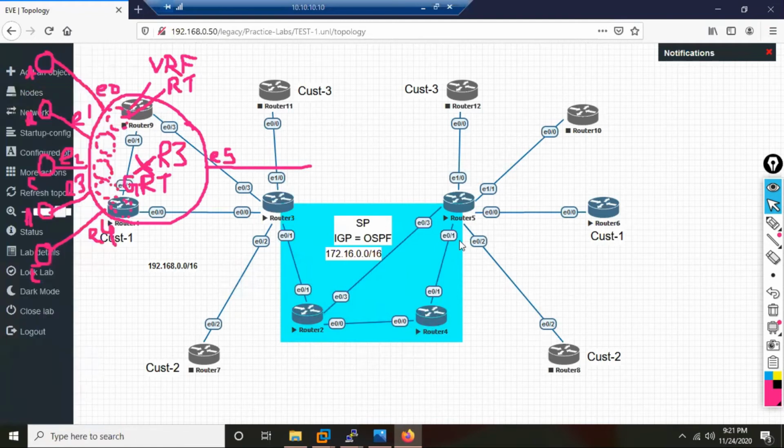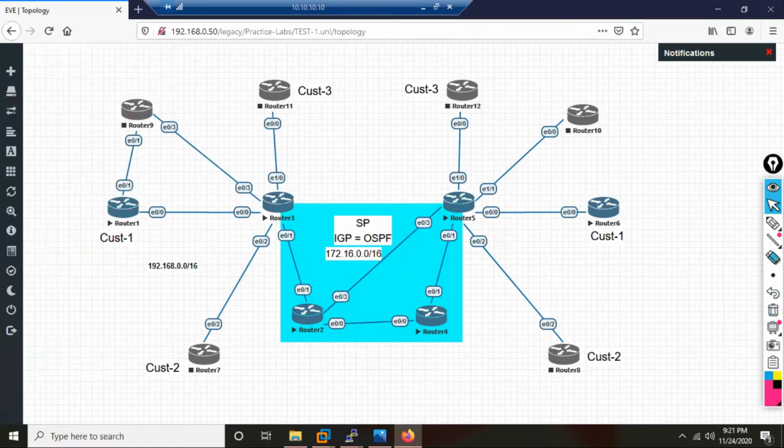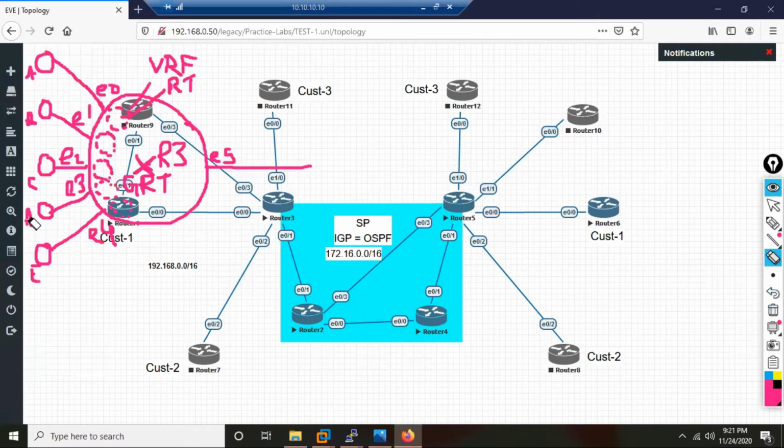Is it possible that there could be a customer using a subnet, let's say A, and another customer also might be using the same subnet? Yes, because everybody is free to use private IP addresses. So one customer can run 10.1.1.0, another customer can also run 10.1.1.0. This is called overlapping IP addresses, overlapping routes of customers.